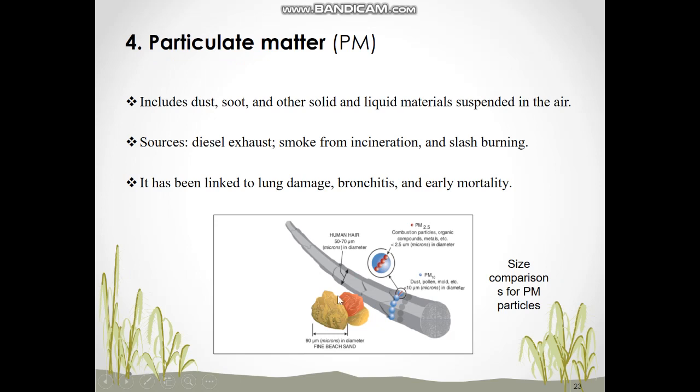This figure shows us the size of particulate matter. This is a human hair with a diameter of 50 to 70 micrometers, and PM can be either 10 micrometers or 2.5 micrometers. PM 10 is 5 times smaller than the diameter of a human hair, and PM 2.5 is almost 25 times smaller than the diameter of the hair.